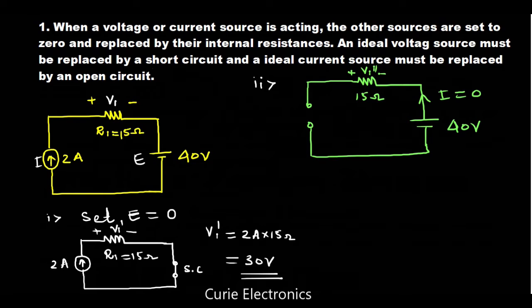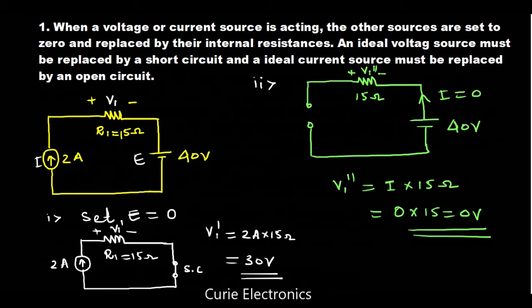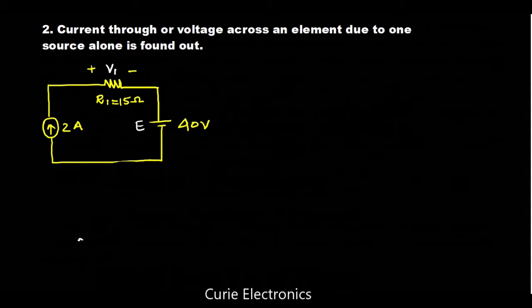So V1 double dash equal to I multiplied by 15 ohm, that is V equal to IR. Because here I equal to 0, we will get 0 volt. Now if we take the algebraic sum of these two, we'll get the value of V1.